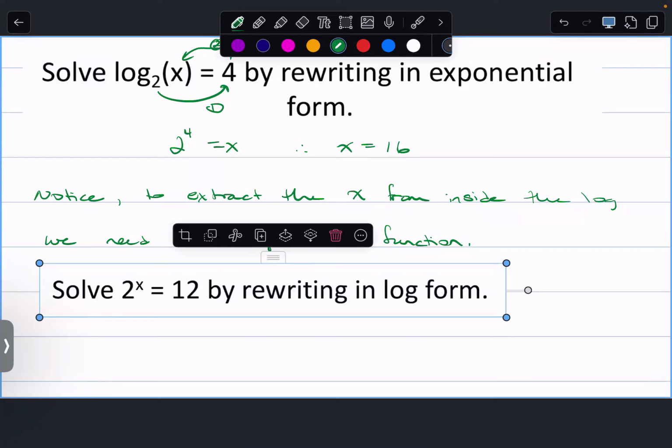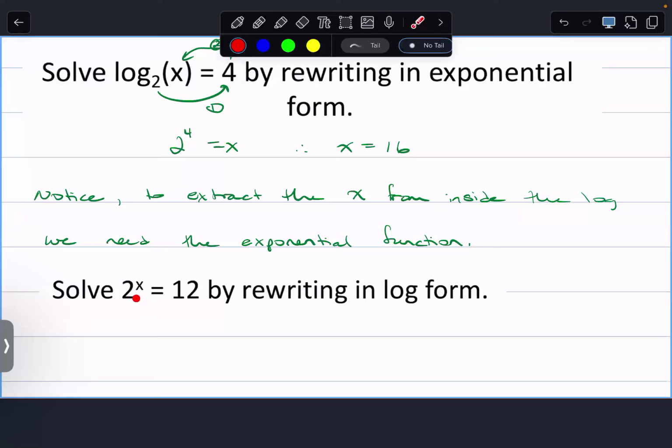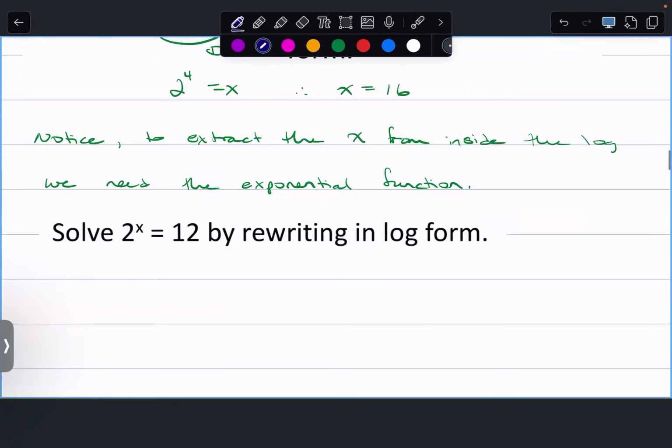Similar argument if you have to solve for x in the exponent. The way we do that is we rewrite it in log form. And so here we know, okay, 2 to the power of x is equal to 12. If I unravel that into a log, I know it's log base 2.